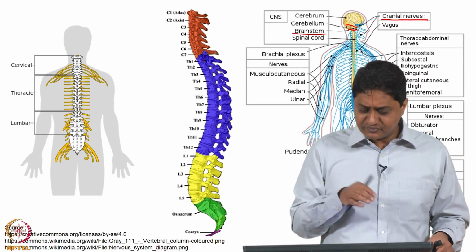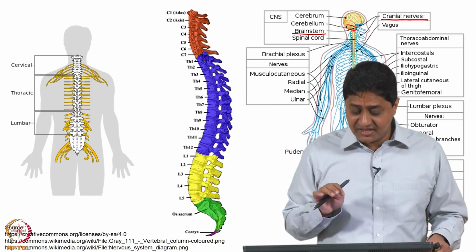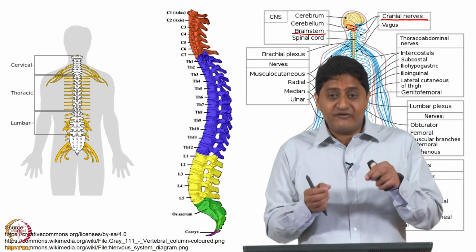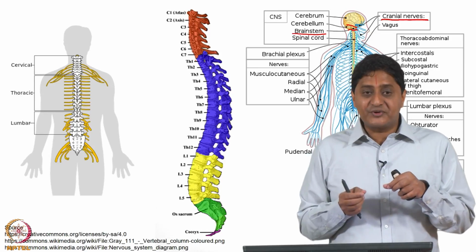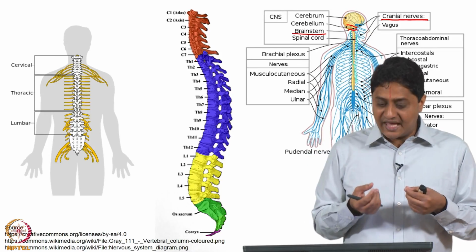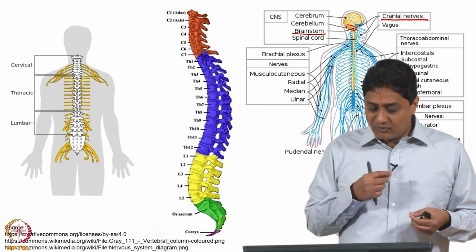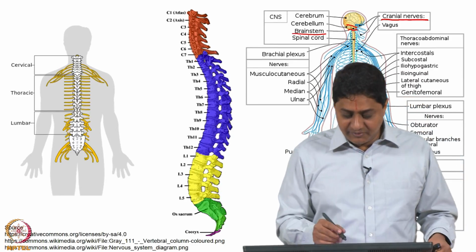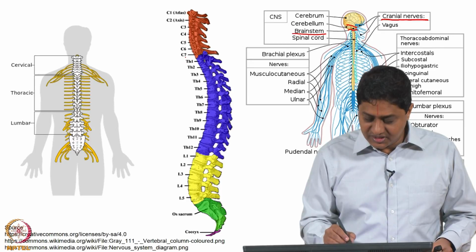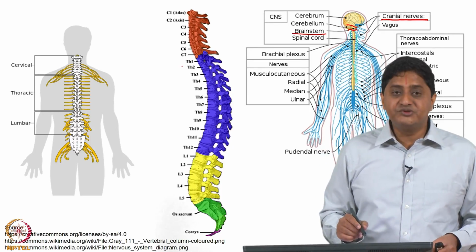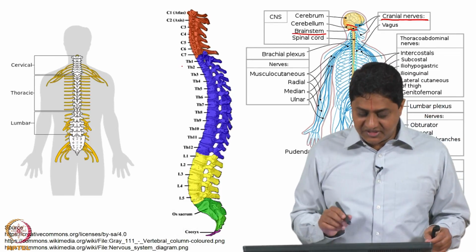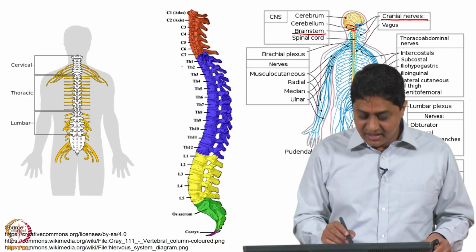So the comparison should not be stretched. The point is that the vertebral column performs the protective function of carrying the nerve bundles within them, and this vertebral column is composed of several individual vertebra. We will talk about what these vertebra are in the next slides.